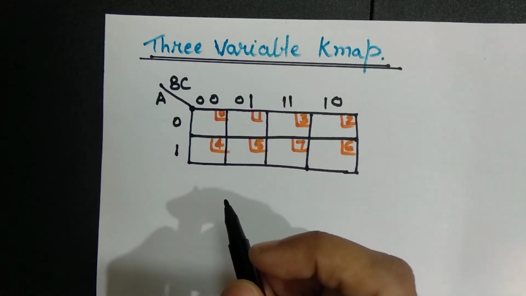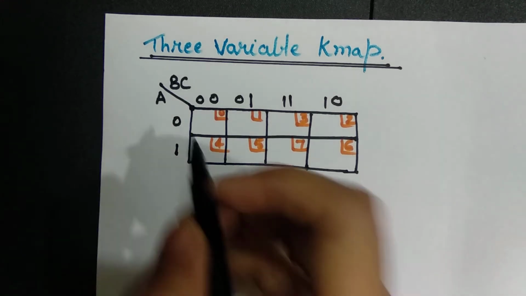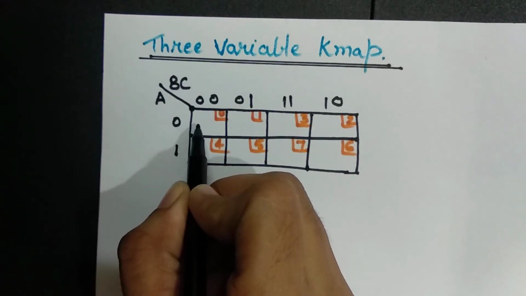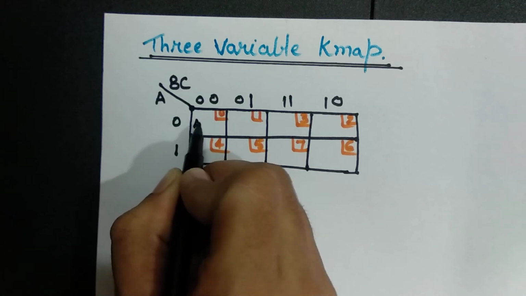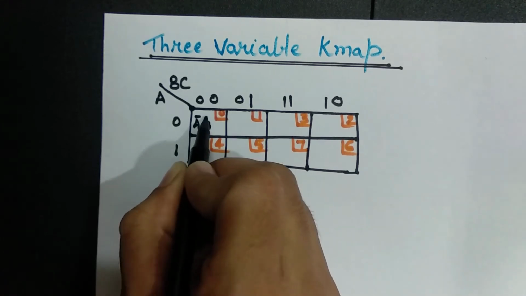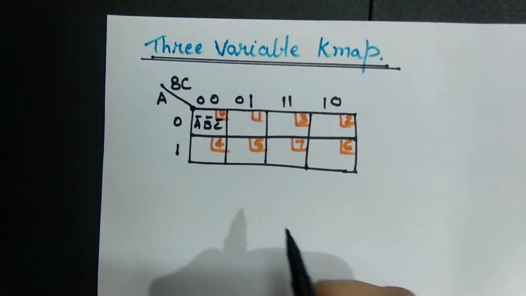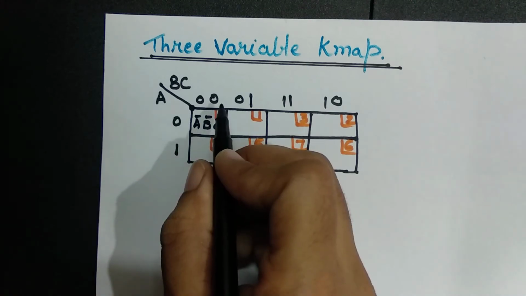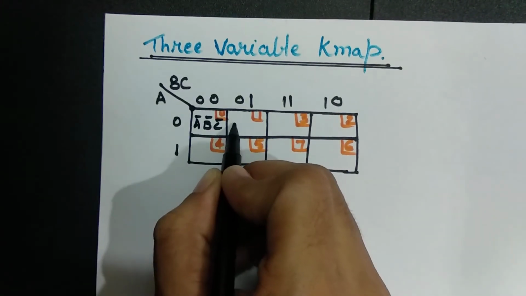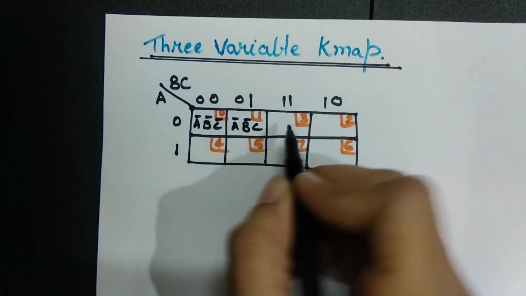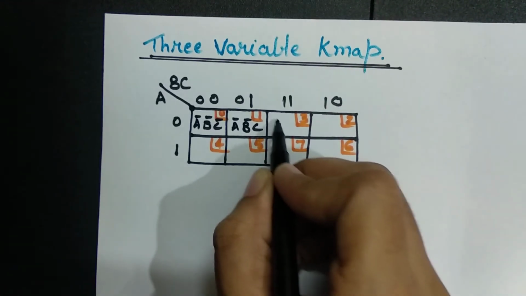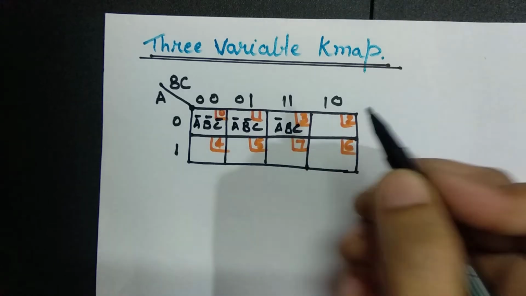Now if you want to write each and every term, how can we write it down? This will become A bar B bar C bar. This will be A bar B bar C. This will be A bar B C bar.